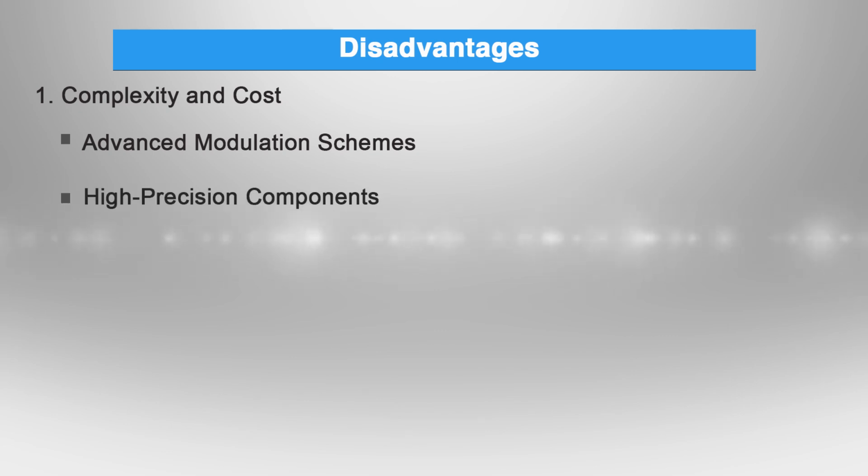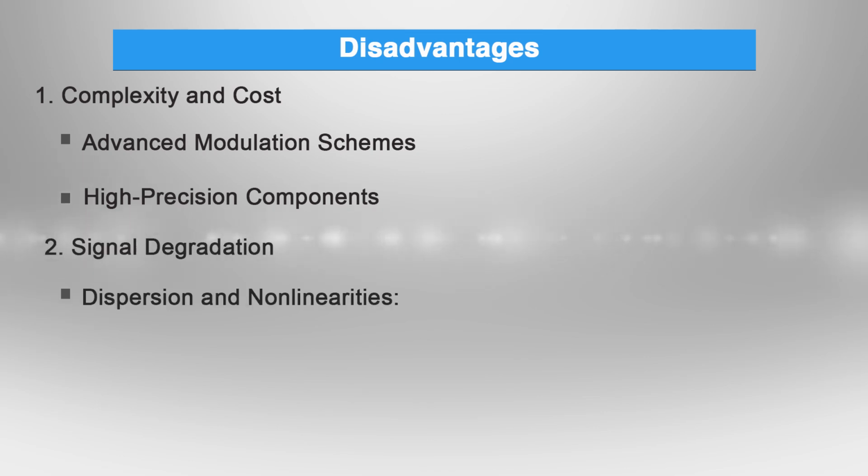High precision components. Techniques like coherent detection require high precision lasers, modulators and detectors, which are more expensive and require precise alignment. Next is signal degradation, dispersion and nonlinearities.